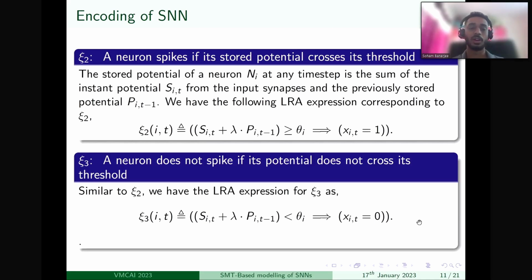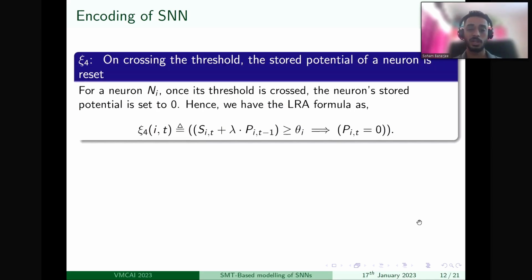Now, the next property is pertaining to the potential of the neuron, where if the total potential of the neuron crosses the threshold, then we can reset the potential back to 0. So in this context, if the total potential crosses the threshold, we set the potential at time step t equal to 0. So in the next time step, when P_i^(t-1) is called, it would actually be equal to 0.